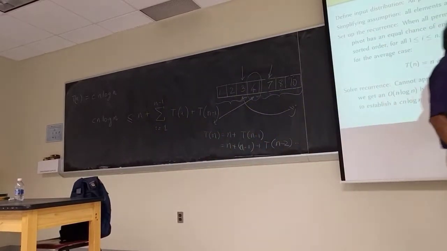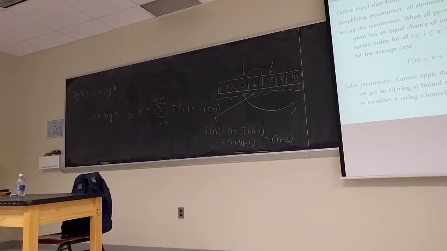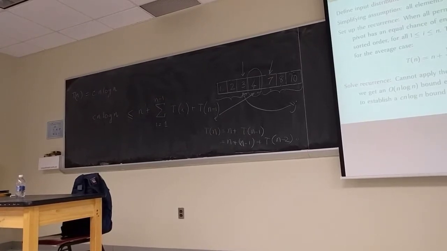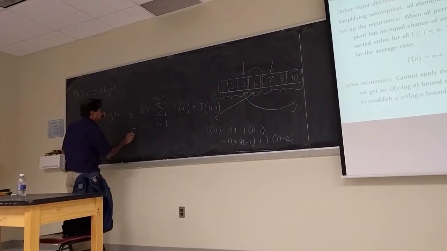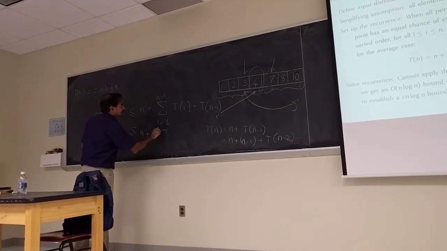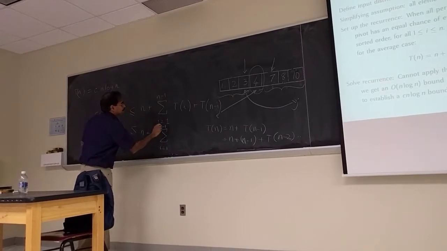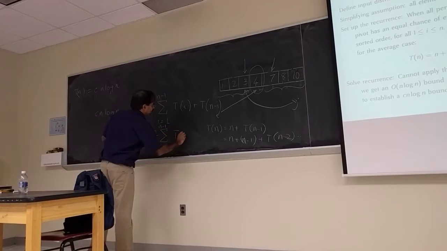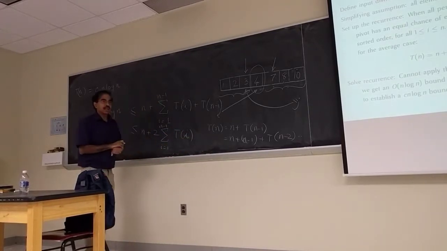Now you can see that when you add this, you have T1 through Tn minus 1 and T1 through Tn minus 1. So we need to show that this is less than n plus 2 times sigma of T(i).